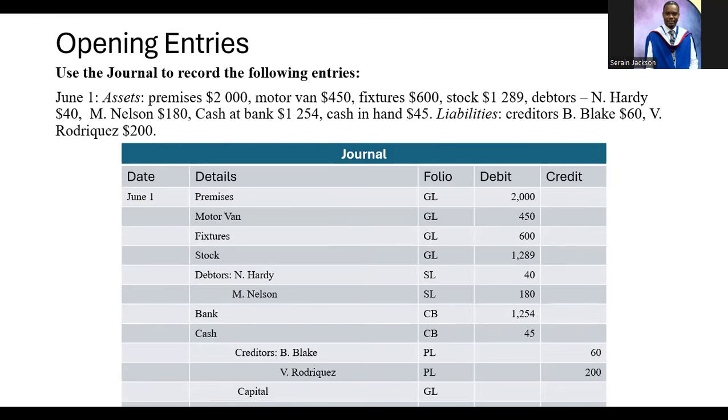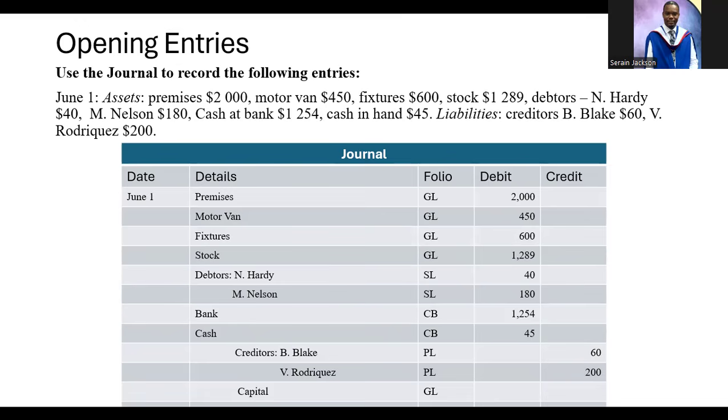So when I add up my assets, I have 2,000 plus 450 plus 600 plus 1,289 plus 40 plus 180 plus 1,254 plus 45.